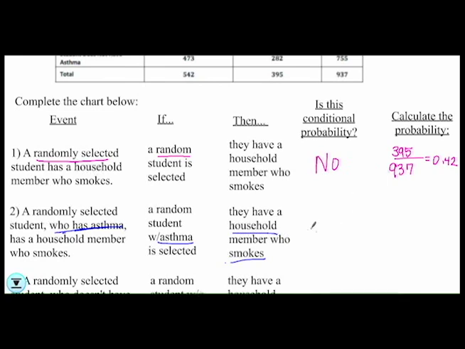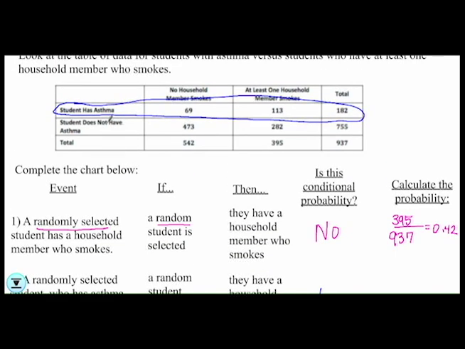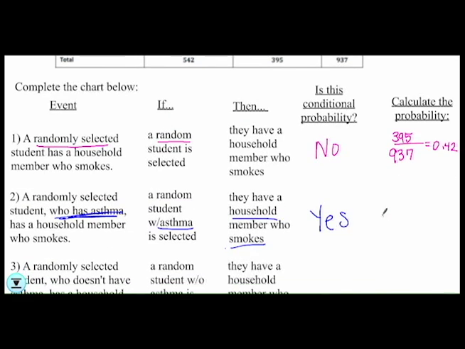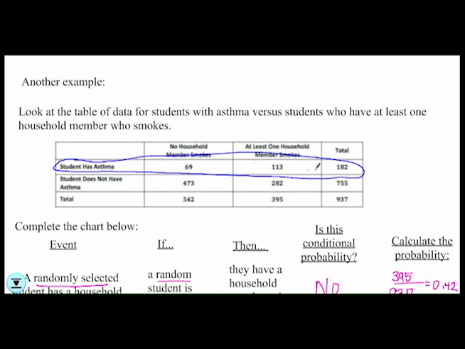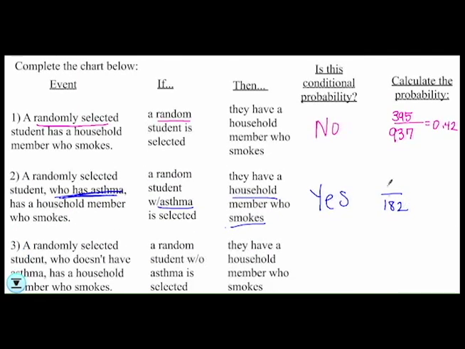This one, yes, is conditional probability because it gives us this initial condition, has asthma. Out of the total number of students with asthma, that's 182, so I'm dividing by 182. But the number I'm dividing is the household members that smoke. Out of this condition, the ones that have household members who smoke are 113. So I'll be doing 113 out of 182, and that gives me approximately 62%.